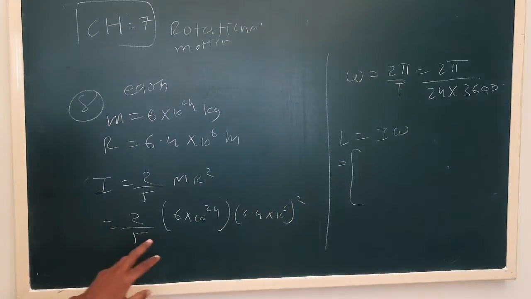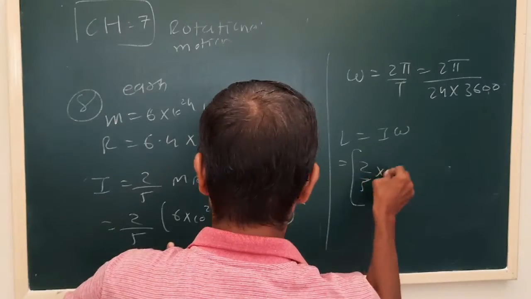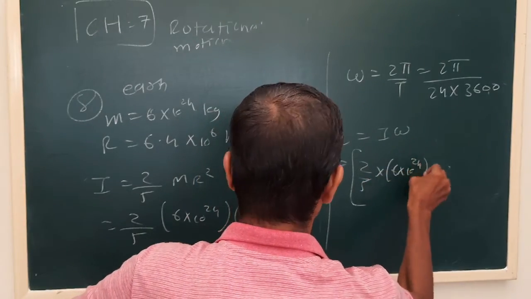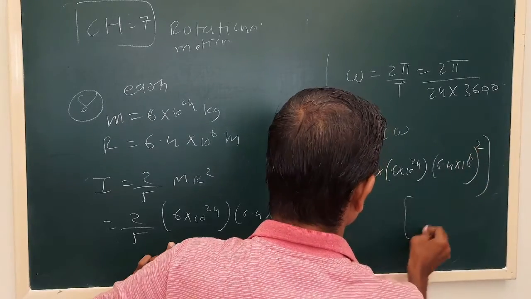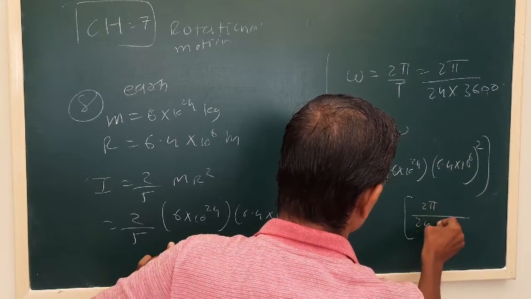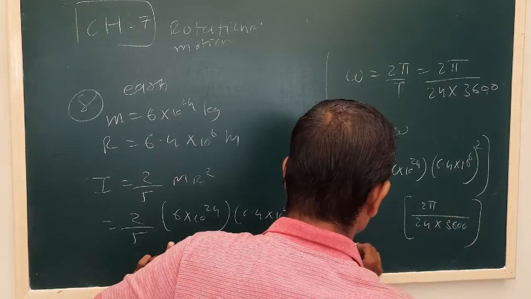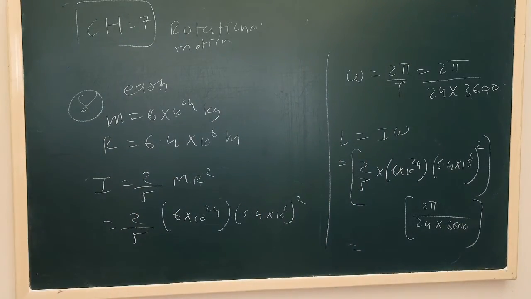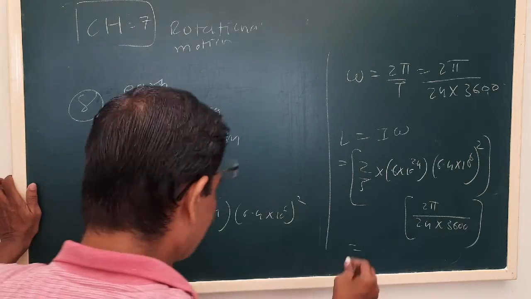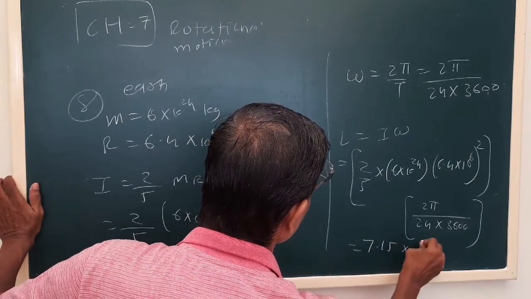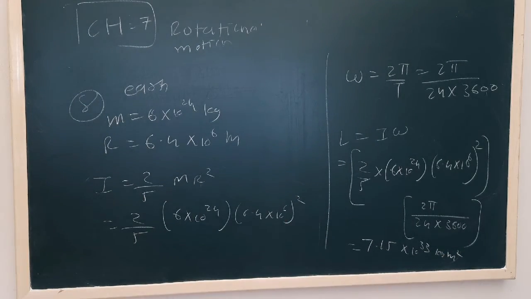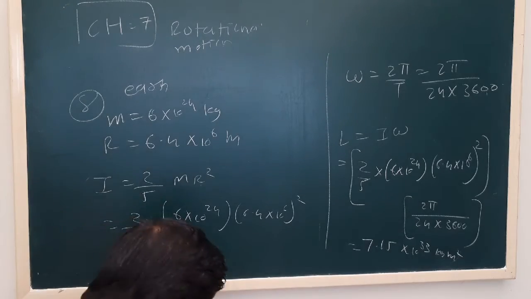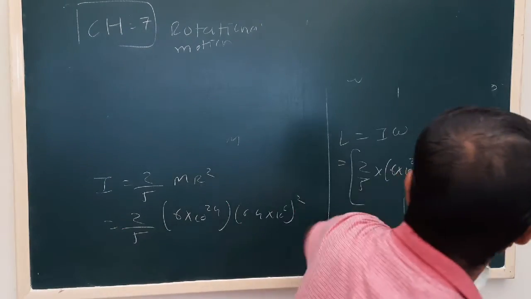Now we substitute the value of I, 2 by 5, and omega is 2 pi upon 24 hours. Okay, the value turns out to be 7.15. Okay, so this is how we can calculate angular momentum of the Earth system. Okay, now see the next question.